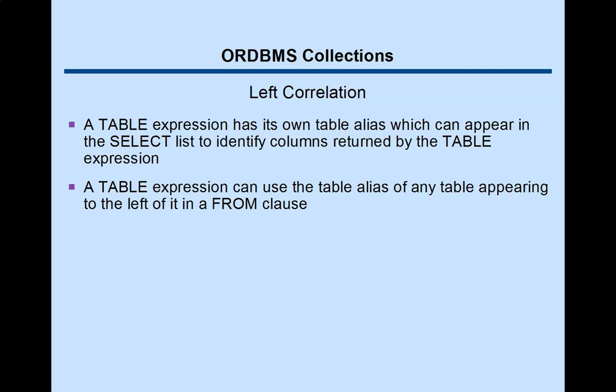The table expression can use the table alias of any table that appears to the left of this expression in a from clause. This is referred to as left correlation. In fact, it's a requirement that the containing or parent table appear to the left of the table expression.